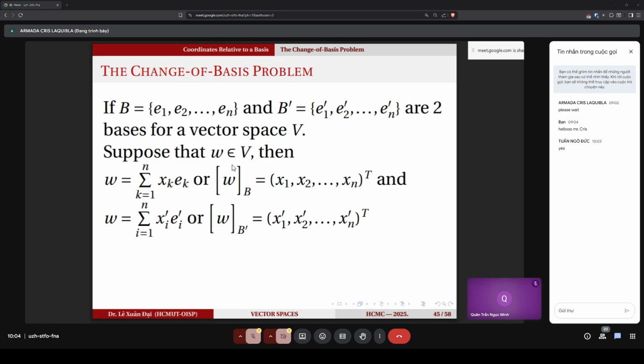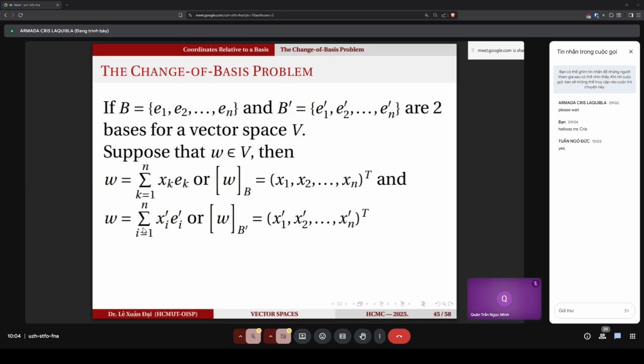So suppose that w is an element of V. Then W is equal to the summation of xk ek, k from 1 to n, or the coordinate vector w_B is equal to (x1 to xn) transpose.